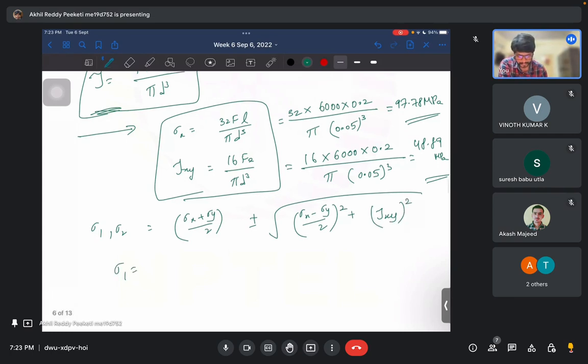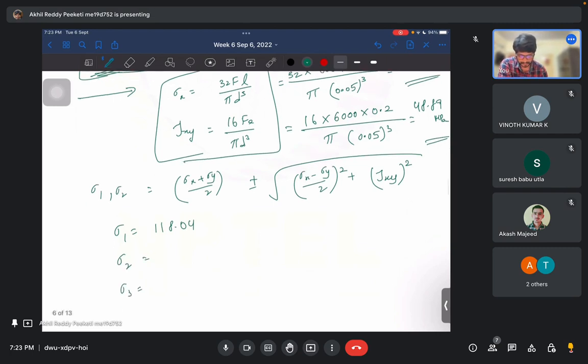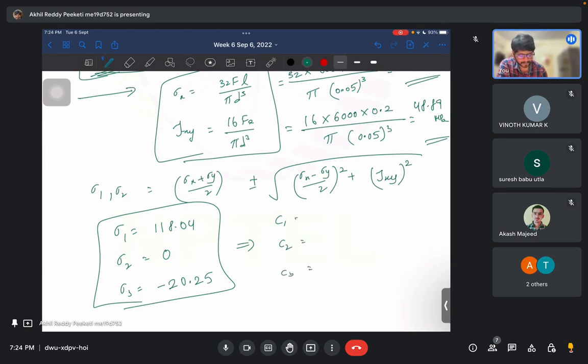This would give sigma 1 as 118.04, and again one of the principal stresses becomes negative, so we will take sigma 2 as 0 and sigma 3 to be minus 20.25. From this again we have to estimate C1, C2, C3 like we have seen in the earlier question. Those will come out to be 80.43, 6.45 and 86.88.